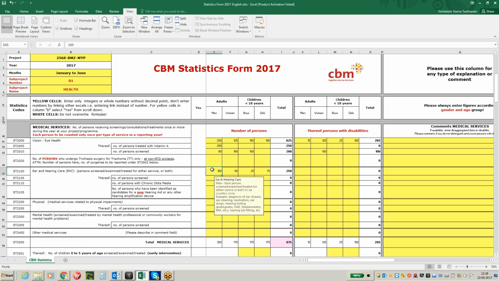And there might be the case, for example, where a person is receiving vision services in the first half of the year and hearing services in the second half of the year. Then he will be counted under vision in the first half of the year, and he will be counted in hearing care in the second half, when they are reporting in the next semester.